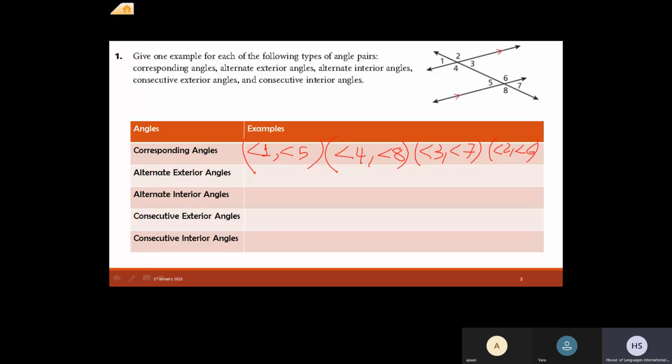Now, Salim, alternate exterior angles. They are outside and on opposite sides. 2 and 8, bravo. 1 and 7, good job.